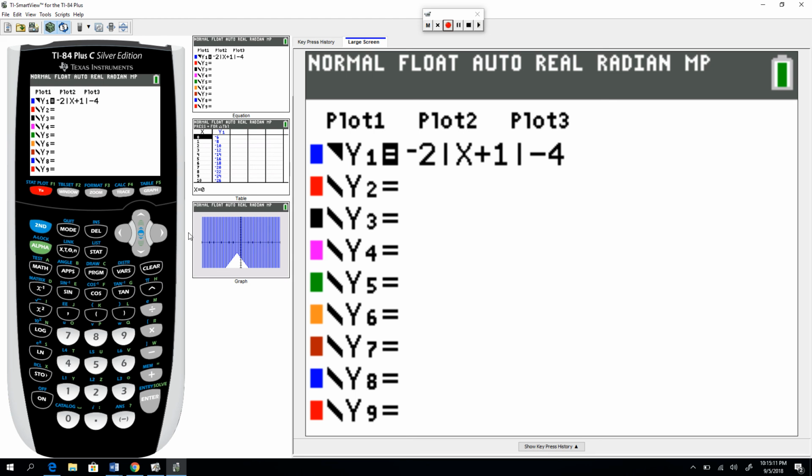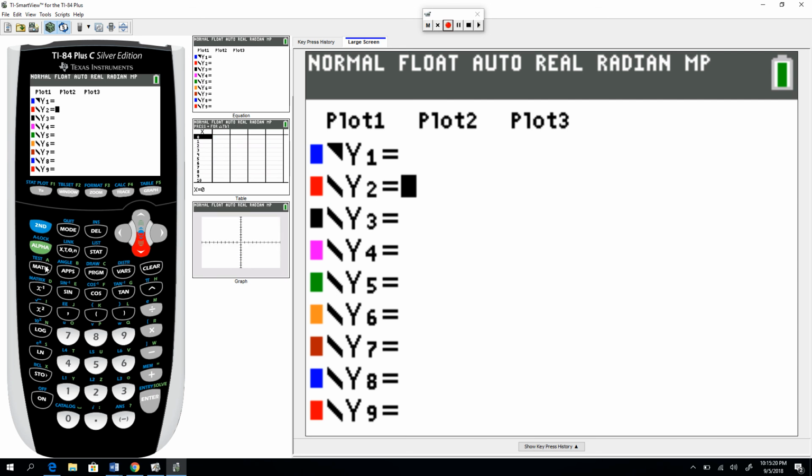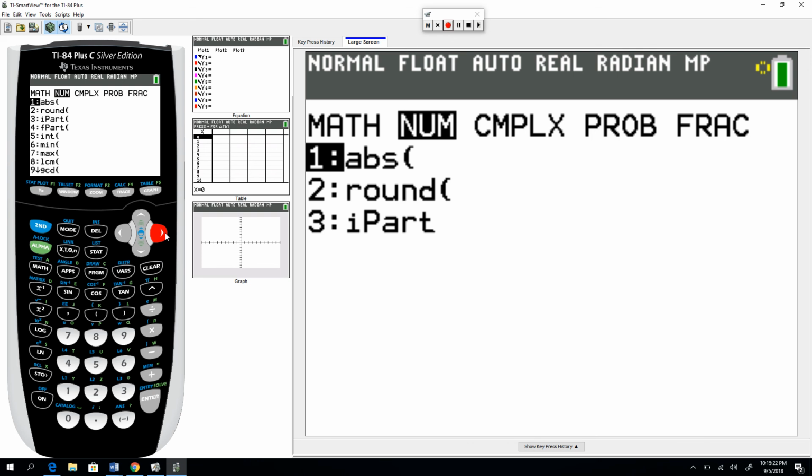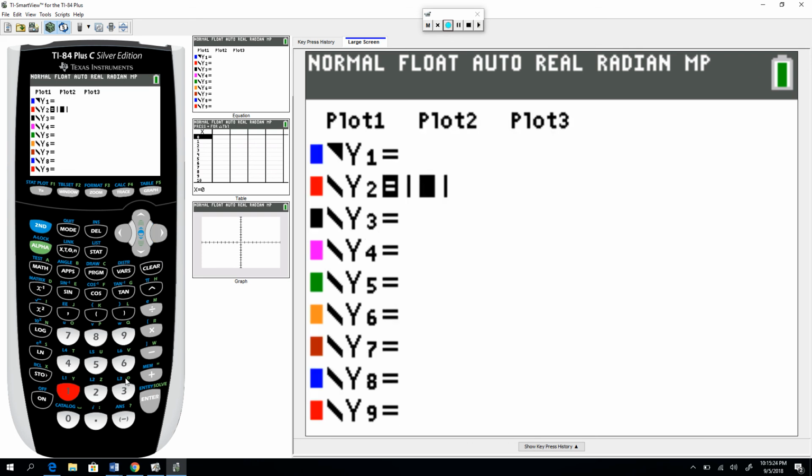Let's wipe that out and show you what it would look like with just a regular old equals. This symbol means I'm just doing an equals. Let's do math, num, abs, absolute value of x plus 1, toggle out, plus 3.